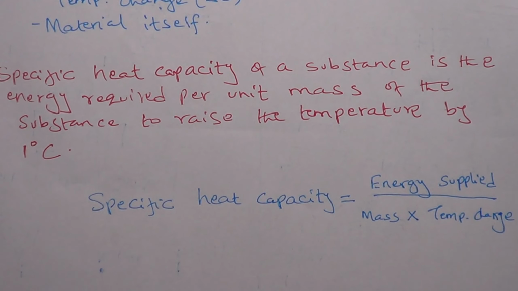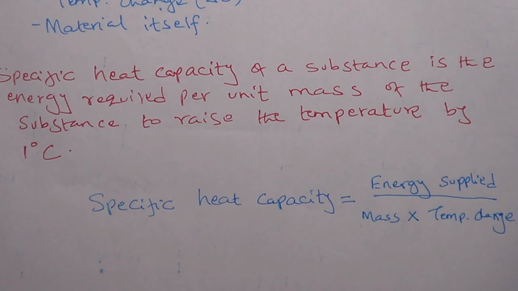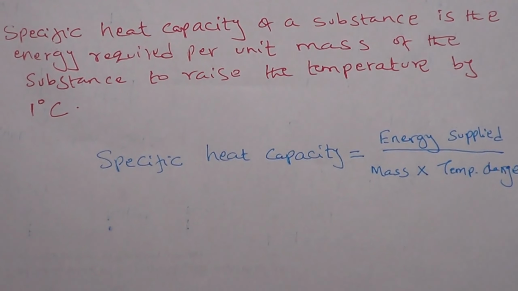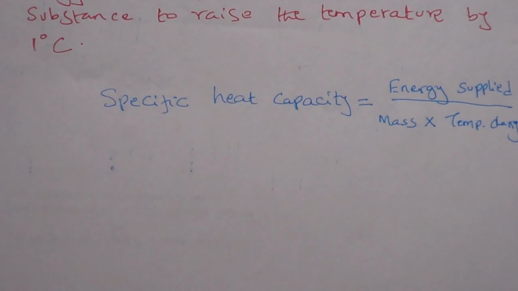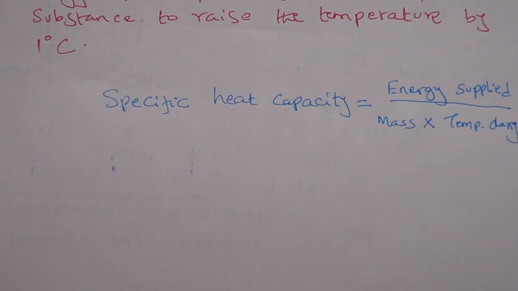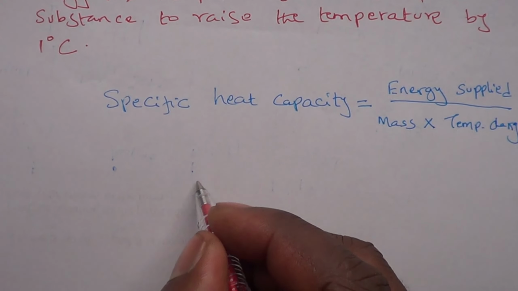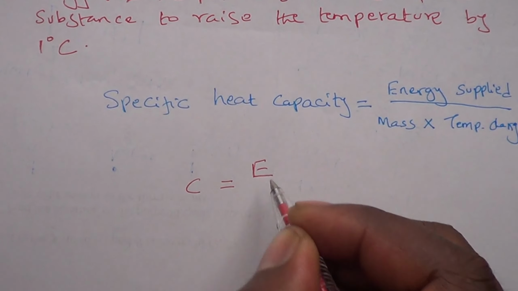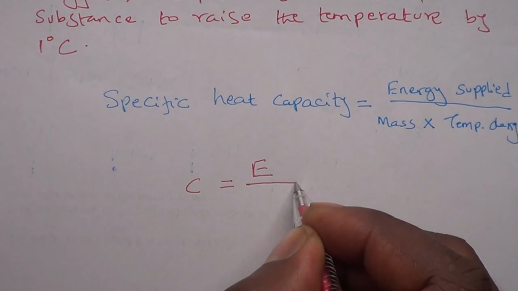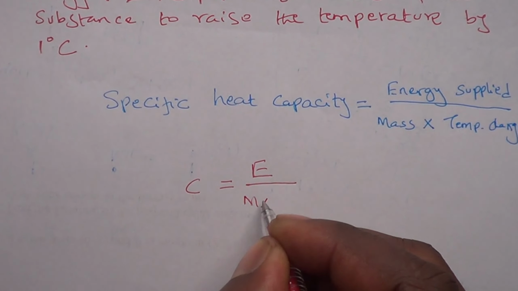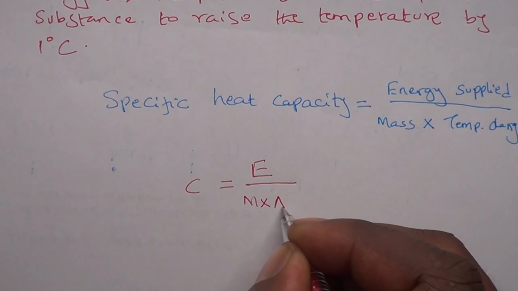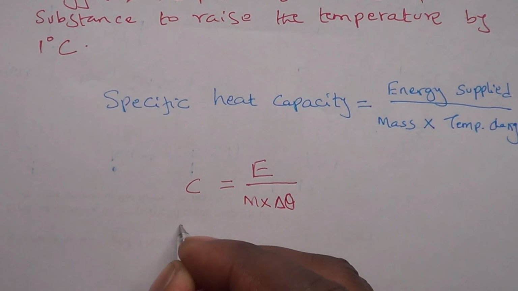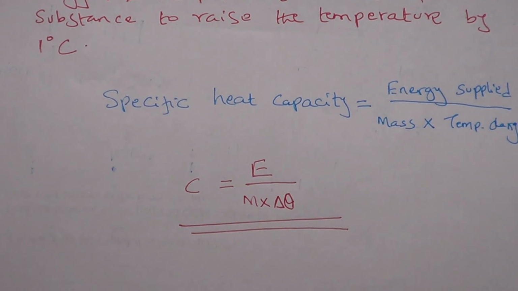So specific heat capacity is equal to energy over mass times temperature change, and that is the formula for calculating the specific heat capacity.